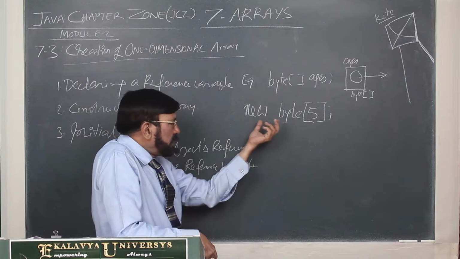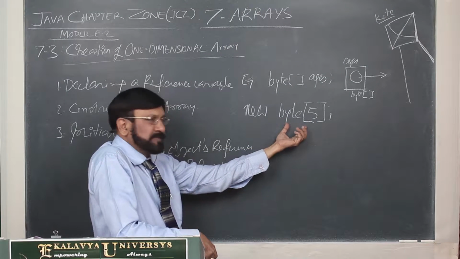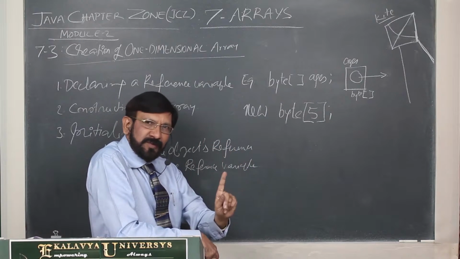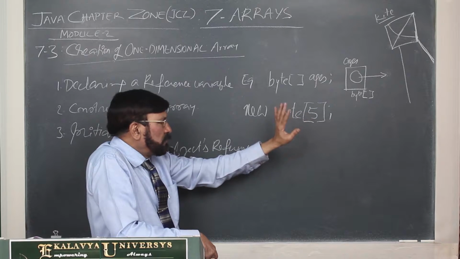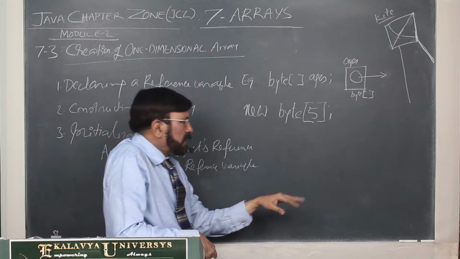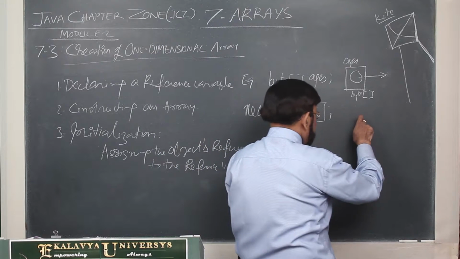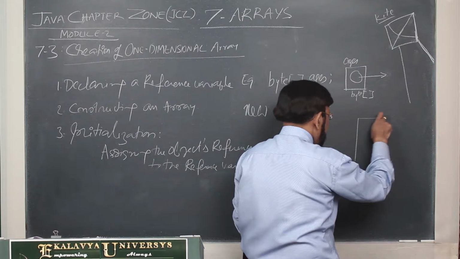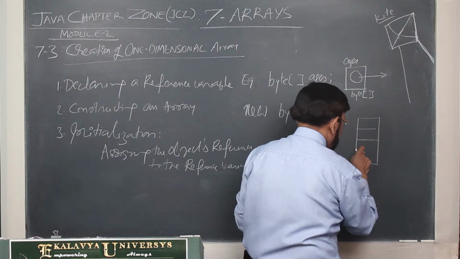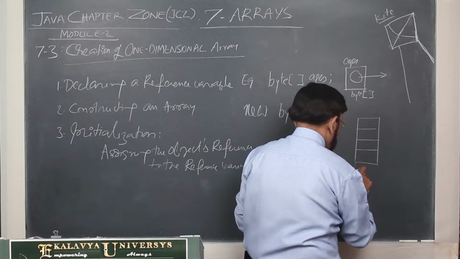So it is easily understood how much memory I require. I require 5 bytes. Byte size is 1 and I have 5 elements. 1 into 5, 5 bytes are required. So the corresponding memory is allocated here. 1, 2, 3, 4, 5.